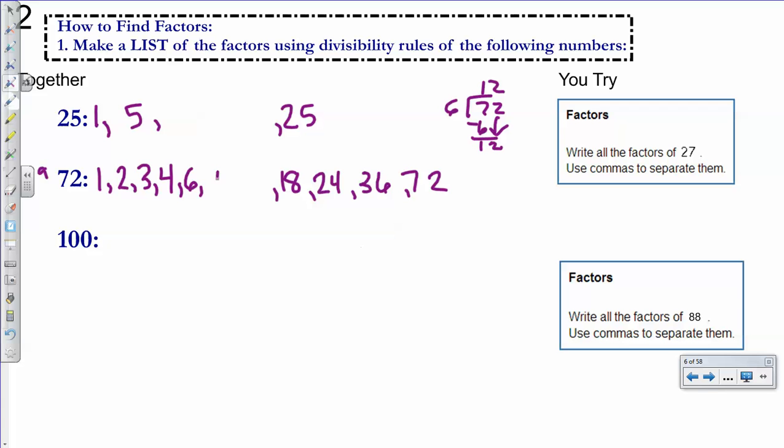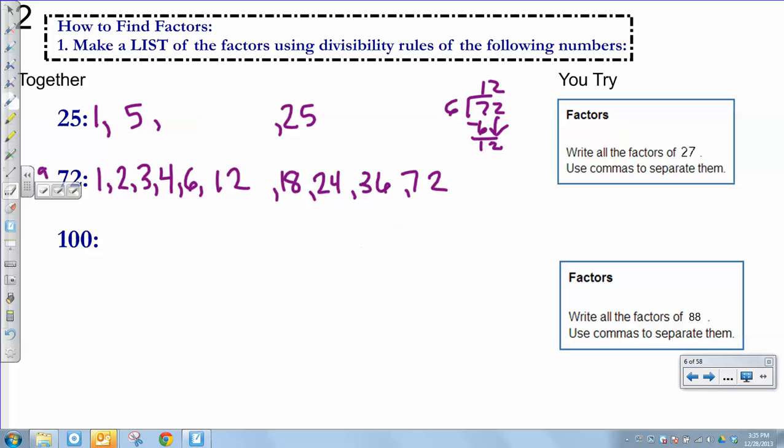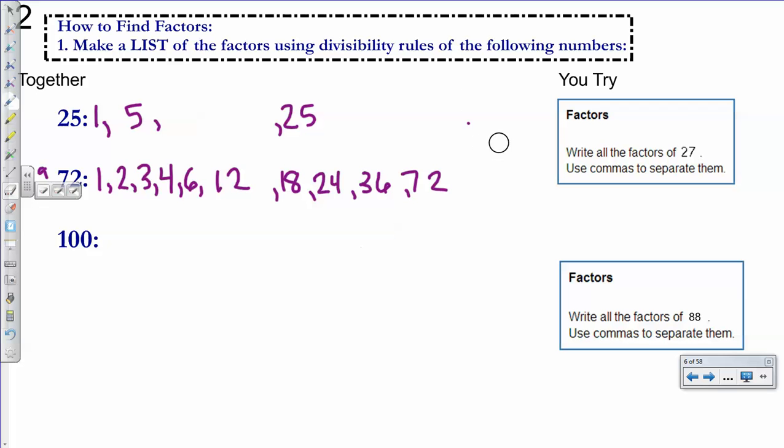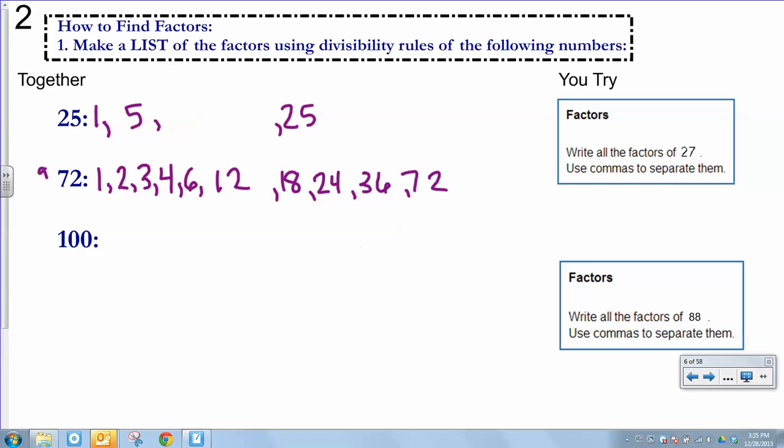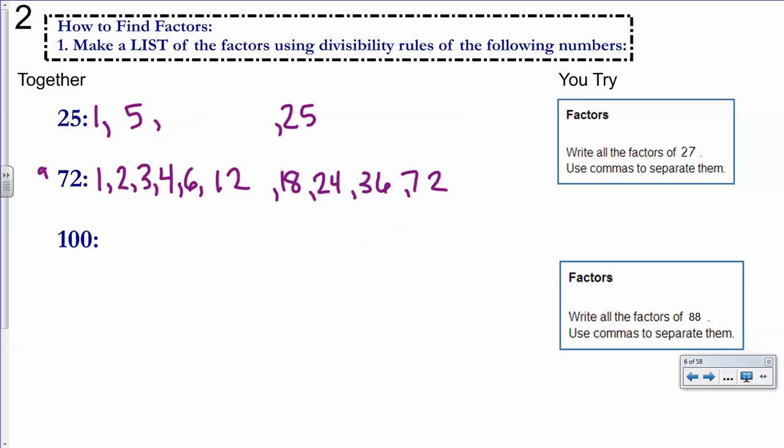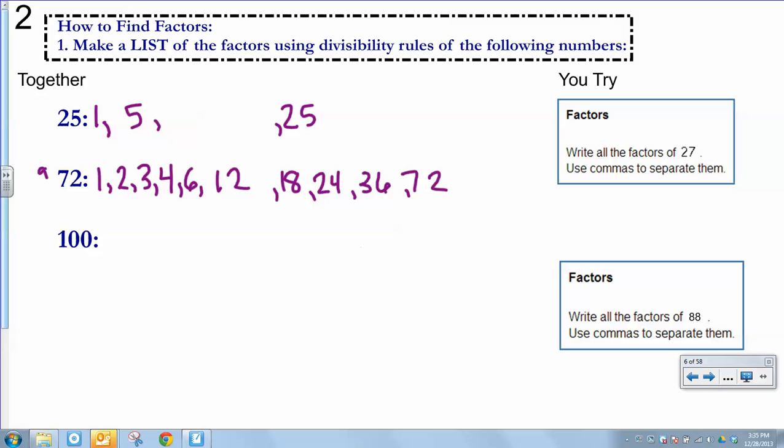So 6 times 12 gives me 72. So that is my list of factors for 72. So again, we used our knowledge of our divisibility rules yesterday to know for sure that 72 is divisible by 3. It's not a basic fact, so I went ahead and did my problem over here.